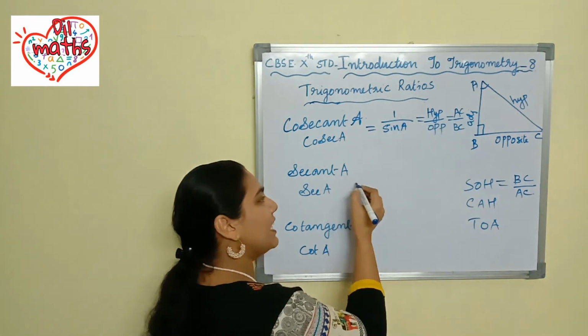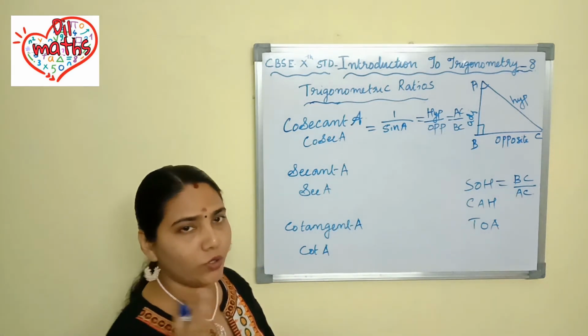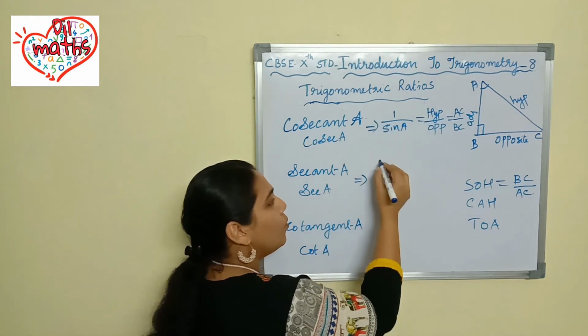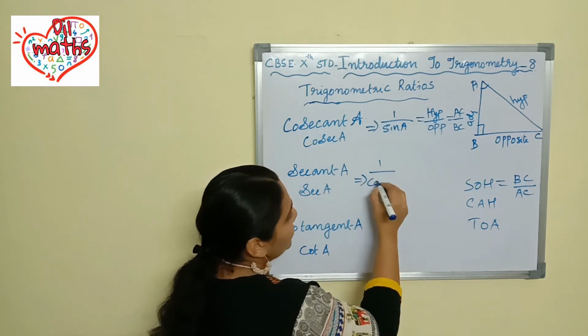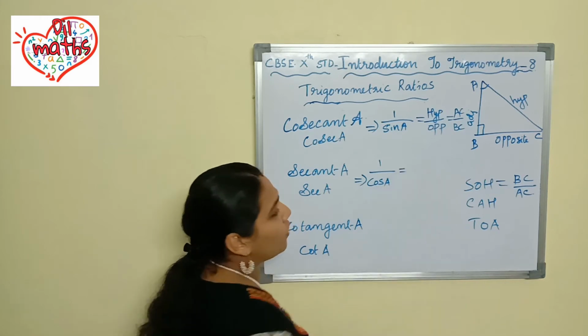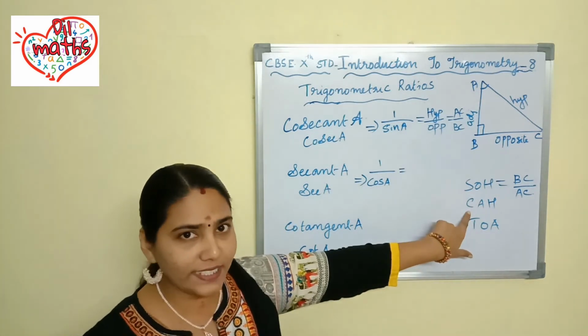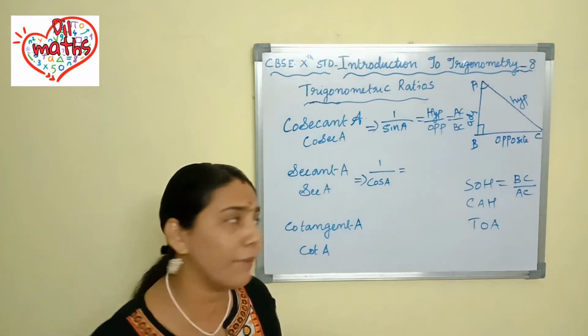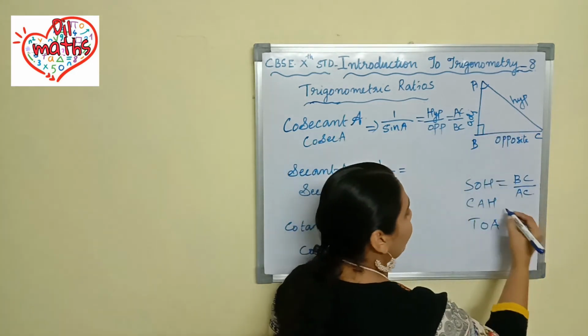Like that, what is sec A? Sec A is the reciprocal of cos A. That means sec A is equal to 1 by cos A. You know what is the cosine ratio? Adjacent divided by hypotenuse. What is adjacent here? AB.